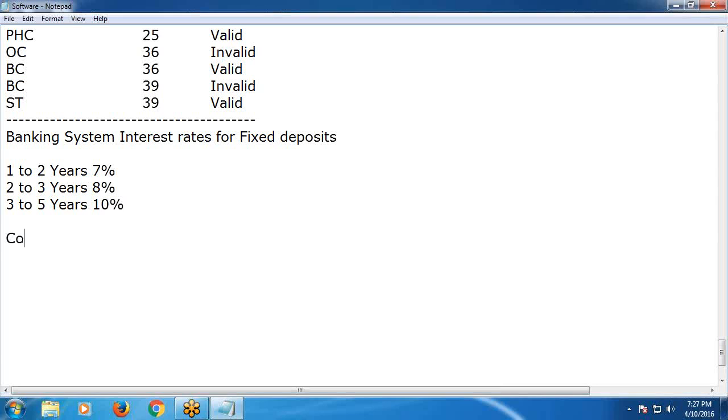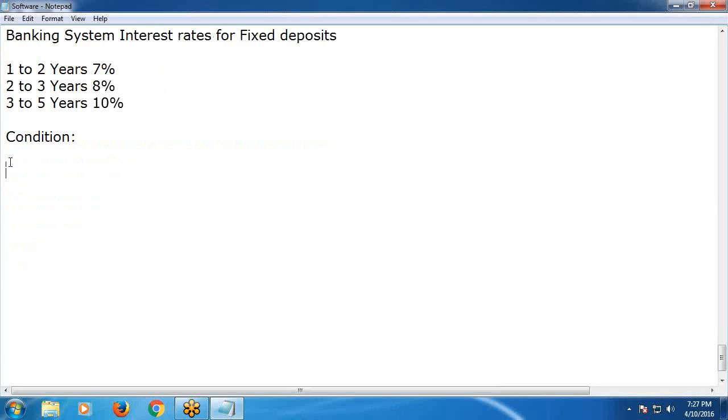Here one condition. Nowadays, Indian banks are providing that facility for senior citizens, 0.5% extra interest rate for all ranges, all periods.